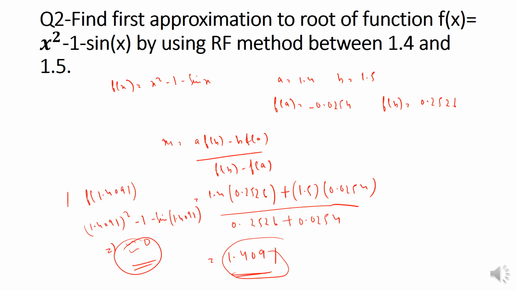So this is the answer to this question. I hope with these two examples the regula falsi method is pretty clear. Now in the next videos we will see the Newton-Raphson method and other numerical methods from which questions are generally asked in the GATE exam.